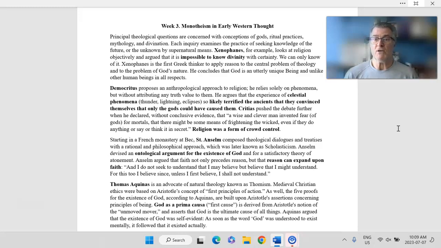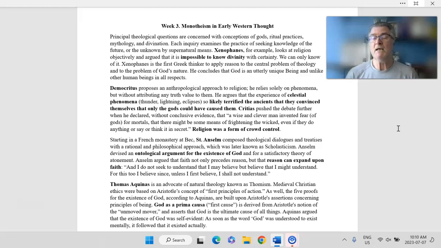So he says, look, God is this utterly unique being. Now notice that he talks about God here, he's talking about Zeus, but you have to remember that Judaism already was in existence at the time Xenophanes is writing. So it's not as if the pre-Socratic thinkers were unaware that there was monotheistic thinking.